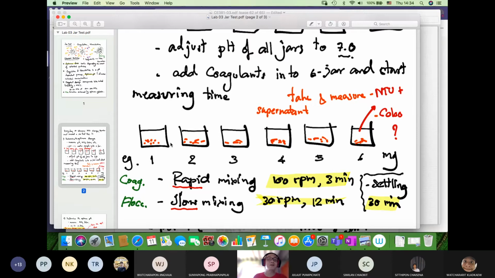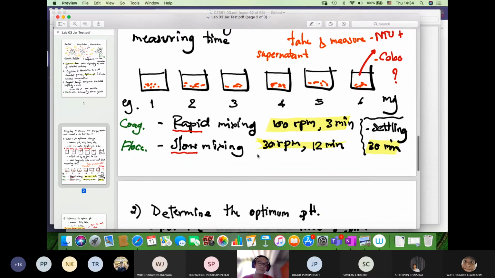We can evaluate the performance of the jar test by taking samples from each jar. Rapid mixing is 3 minutes at 100 RPM, slow mixing 12 minutes at 30 RPM, and then settling time is another 30 minutes.